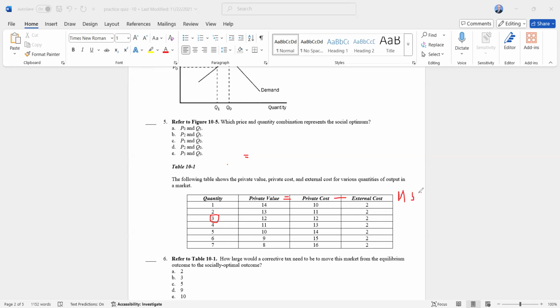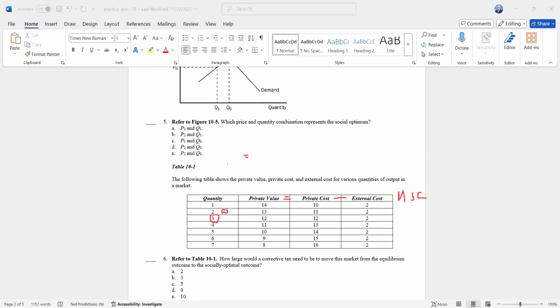Now, private value, since it's the only benefit, is the same as marginal social benefit. So when private value equals private cost plus external cost, that's the optimal. So I get 2, 11 plus 2 is 13, 13 equals 13. That's optimal.